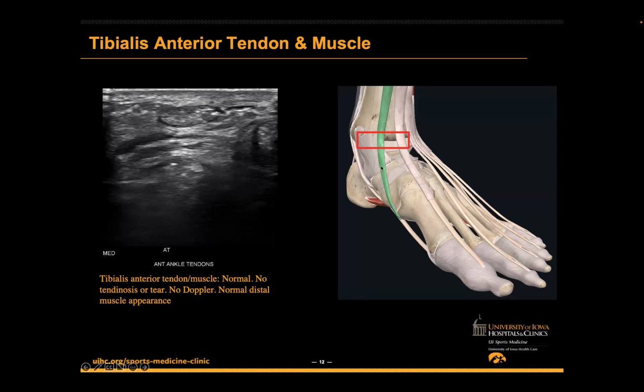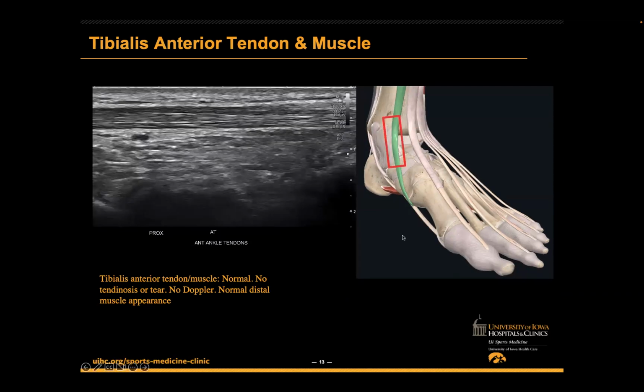This tendon can have some variable insertion. So most commonly, you'll see a longitudinal split tear with a slip going to the base of the first metatarsal and to the base of the medial cuneiform. And that can be differentiated from true tendon pathology by assessing for pain, looking for Doppler flow in that area, and also just being a characteristic location.